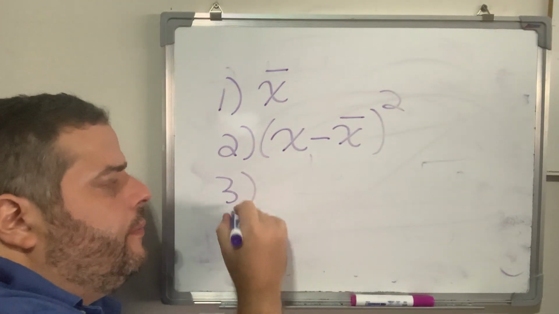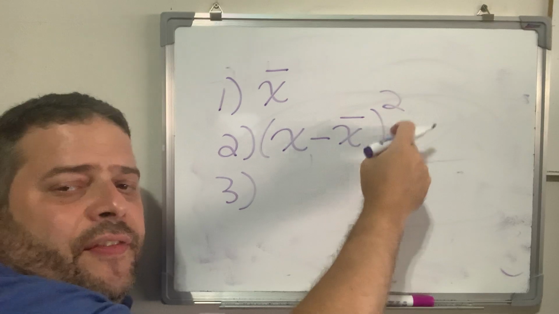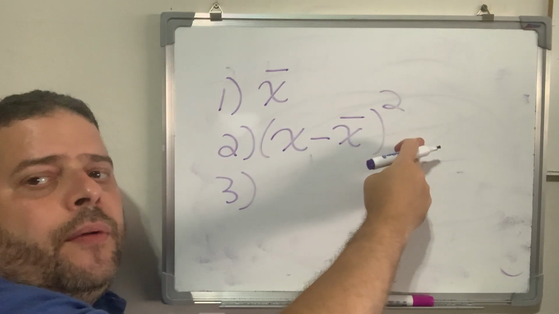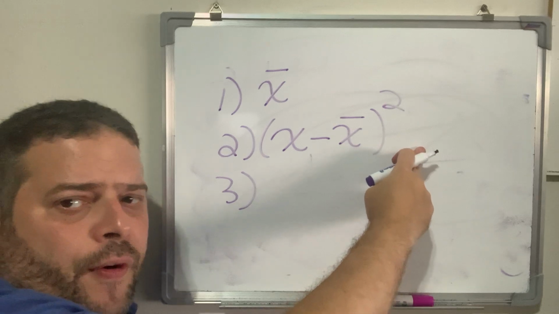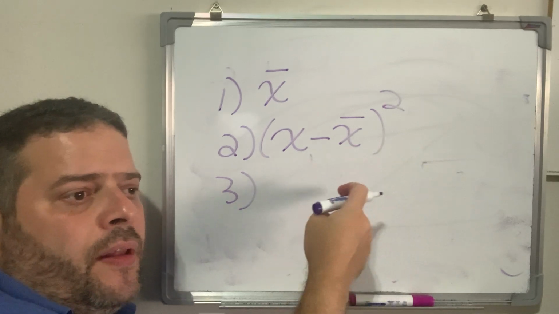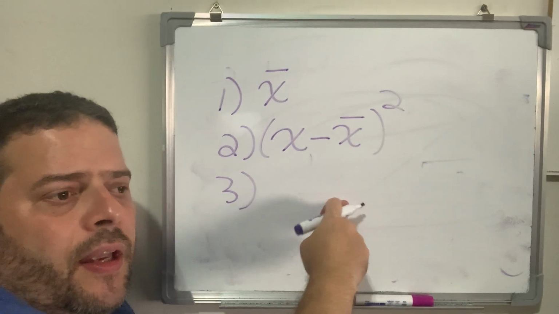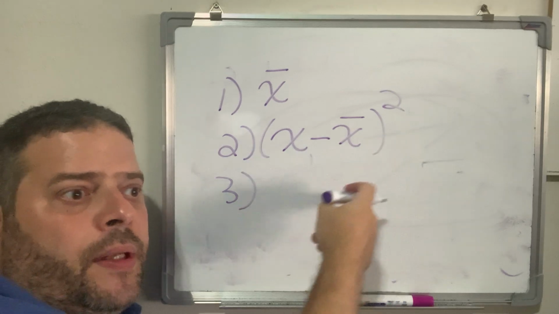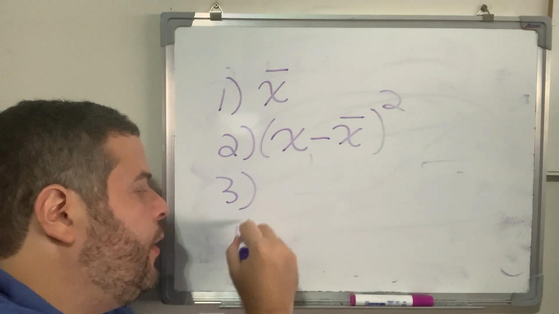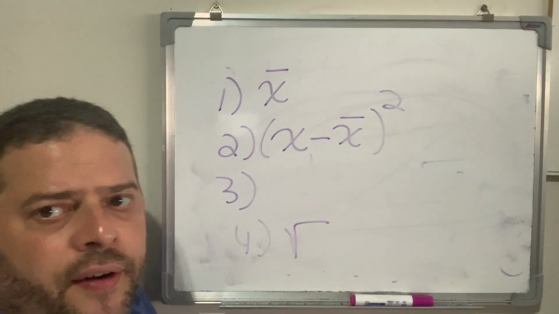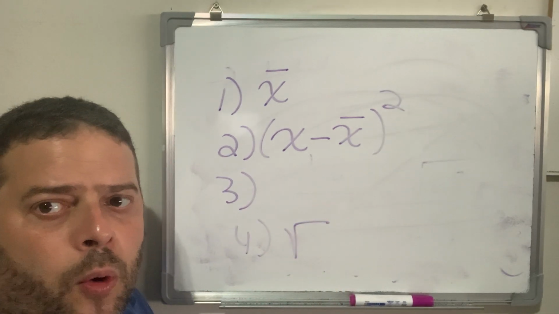Step 3, we add all these values, including the zeros, and take an average of those values. Remember, if you're using a sample, it would be the number of measurements minus 1. If you're using the entire population, it would be all those numbers. After that, you do a square root, and that is the standard deviation. 4 easy steps. We will be going over those in class.